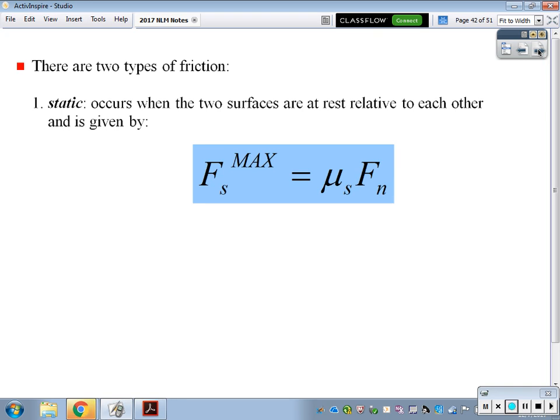Now, if we calculate that at 100, another point I want to make, think about this from a free body diagram standpoint. Let's just say we have an applied force, FA, and a frictional force, FFR. And those are the only two forces that we have horizontally speaking. If the maximum is 100 newtons and we apply, let's say, 40 newtons, what is the frictional force?